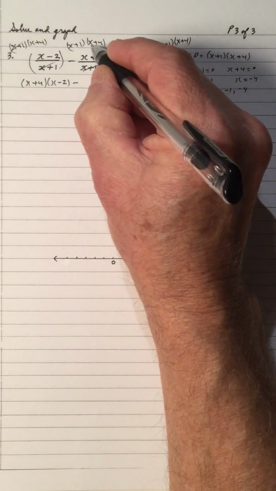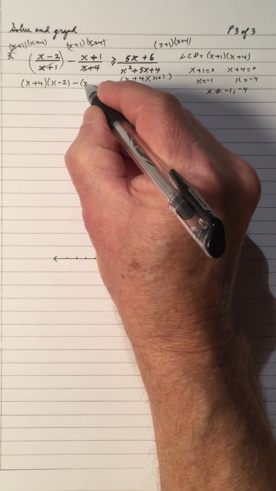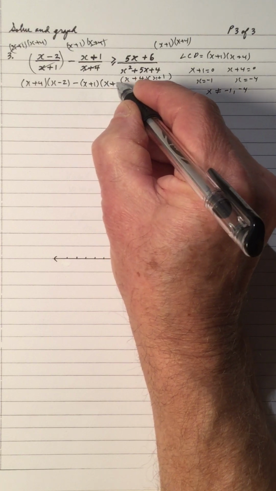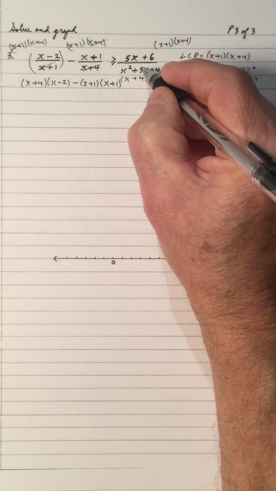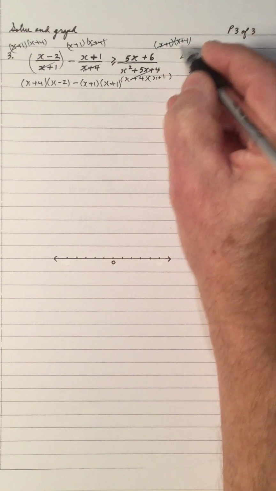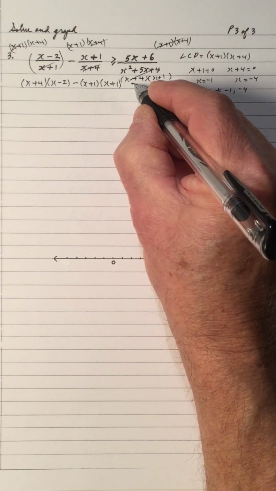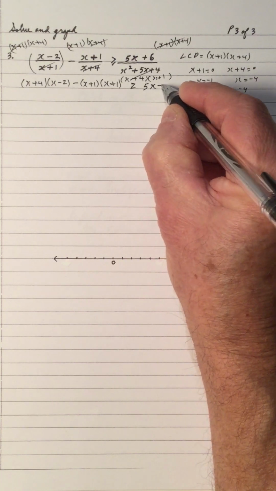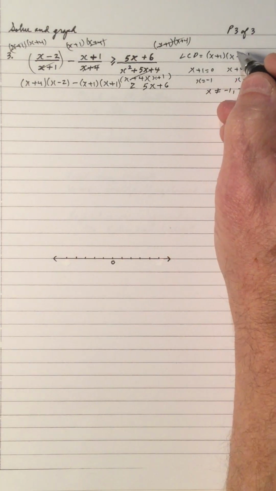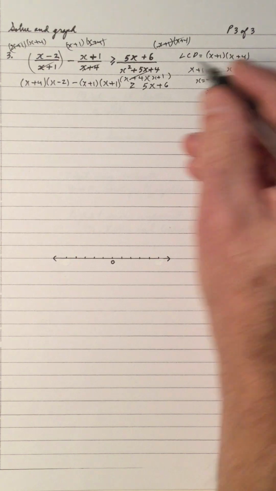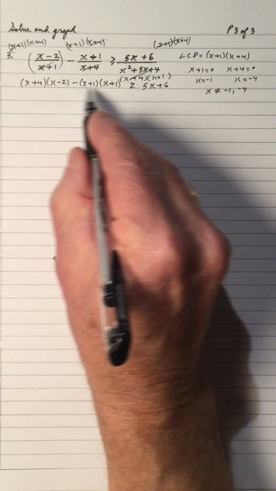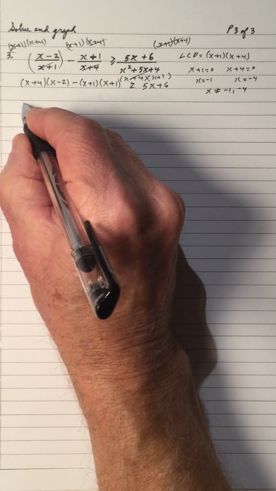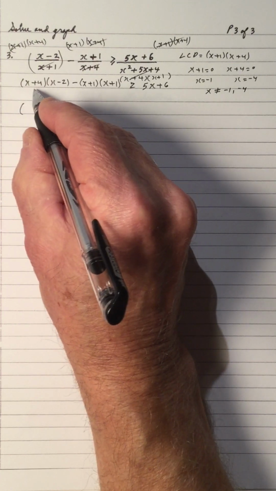Subtract, the x plus 4 cancels, and I get an x plus 1 times an x plus 1. And the LCDs cancel here and here, so I get greater than or equal to 5x plus 6. Now I have to obey PEMDAS, and I have to multiply these two here and then these two.